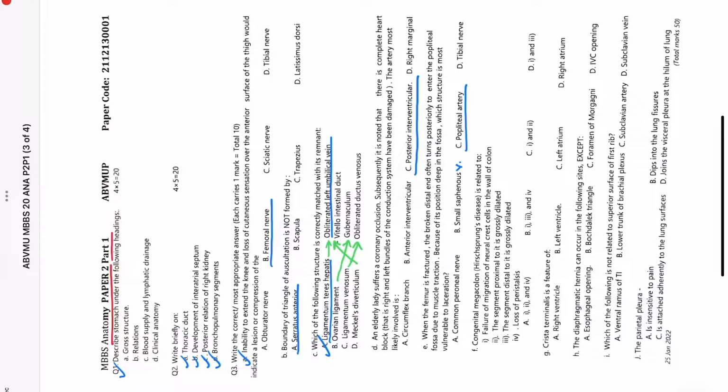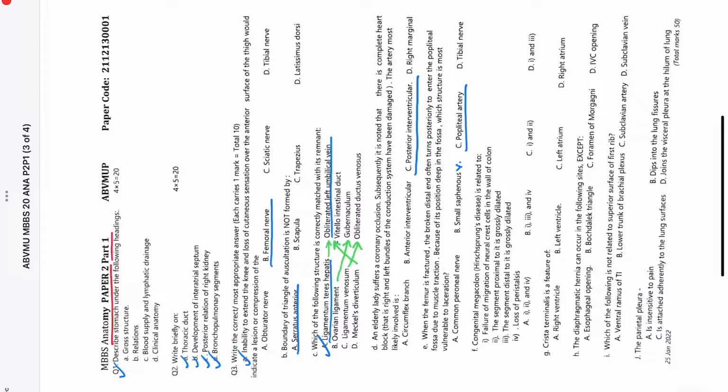And number 4 is loss of peristalsis. So you have to check out, of these 4, what statements are correct? 1, 2, 4, or 1, 3, 4, or only 1 and 2 is correct, or only 1 and 3 is correct. Now this question is solely dependent on your knowledge about congenital megacolon or Hirschsprung's disease.